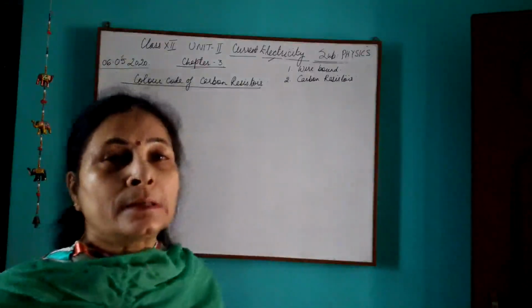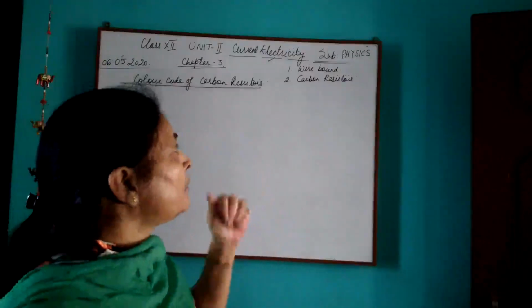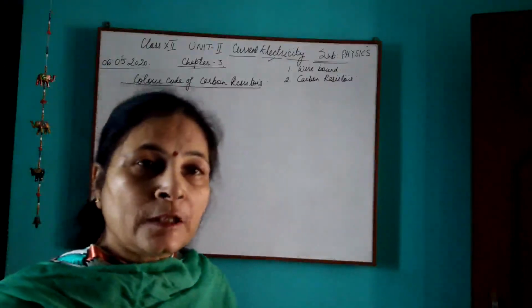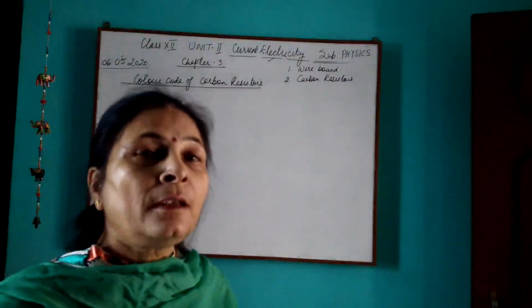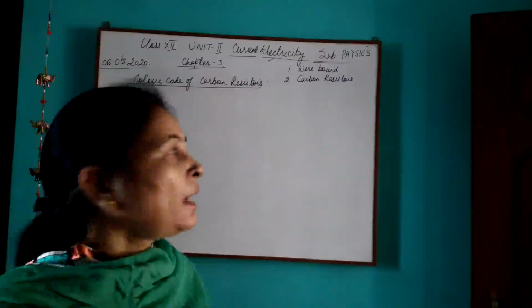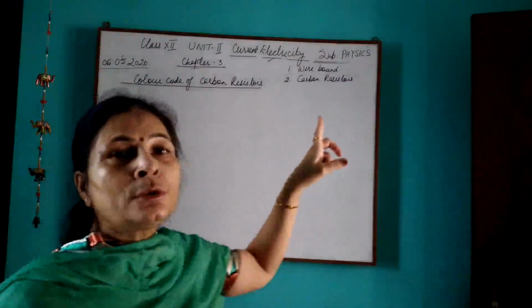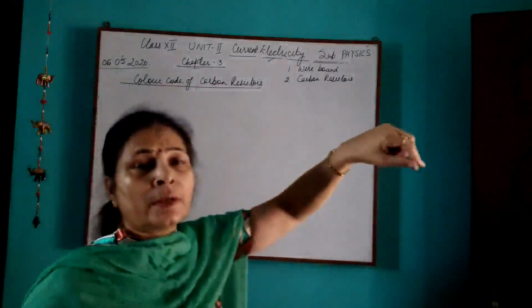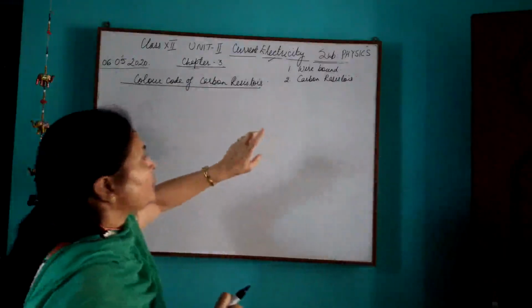Second is carbon resistor. Carbon resistor is advantageous as it is very less expensive and very compact in size, and therefore it is used frequently. Nowadays it is the carbon resistor which is generally used if possible.